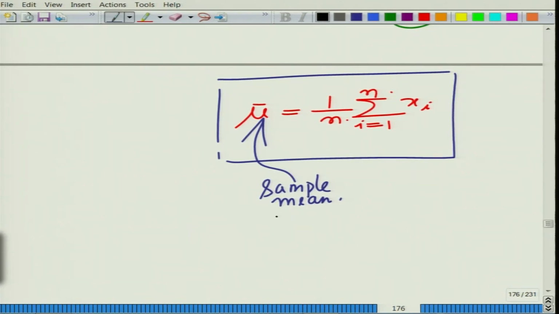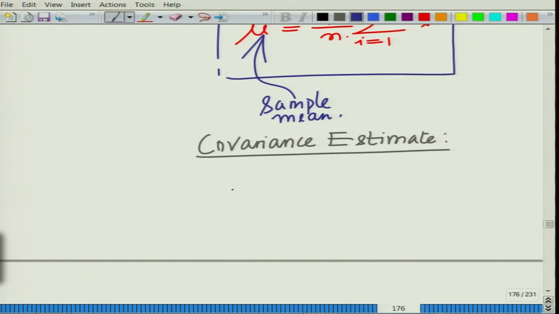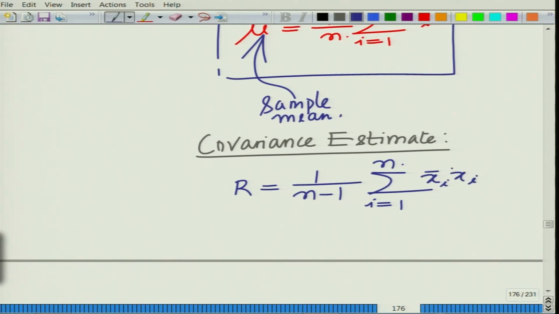Now, estimate the covariance. You estimate the covariance as follows: R equals 1 over n minus 1 summation i equal to 1 to n x bar i x bar i transpose.